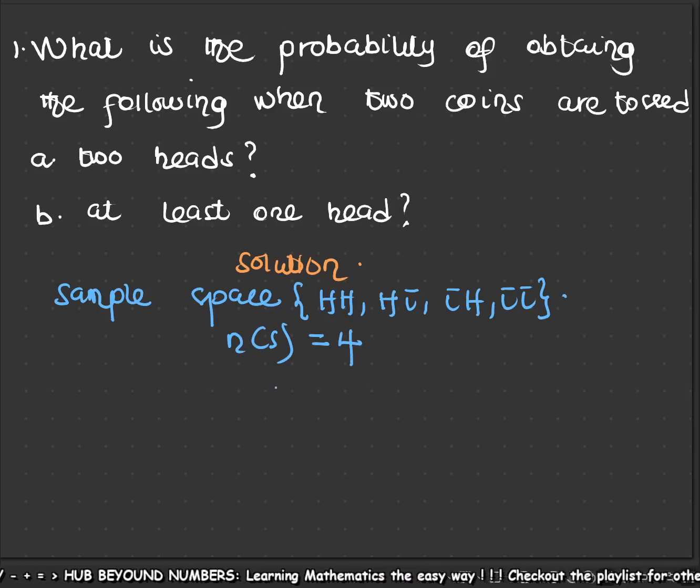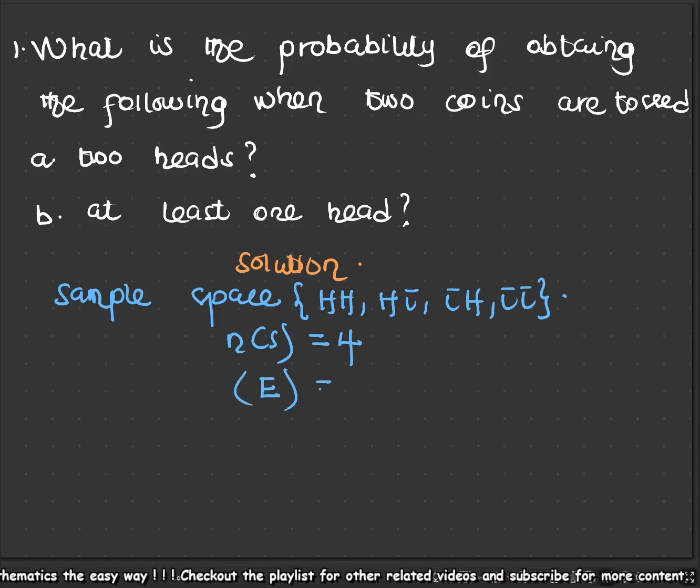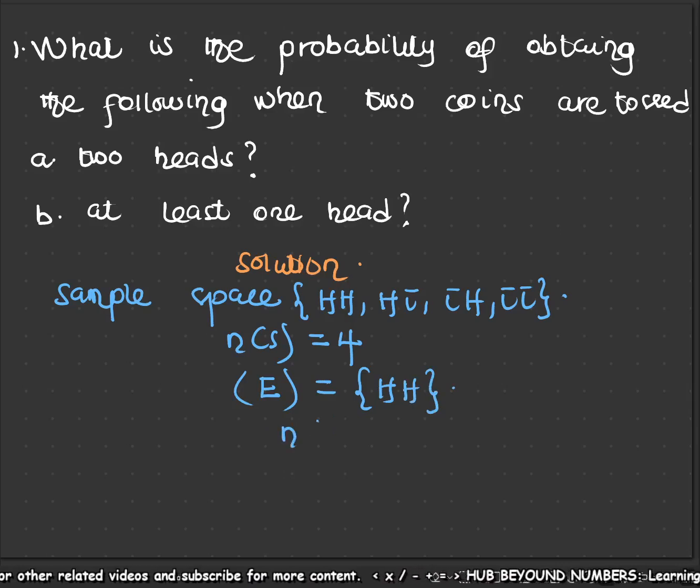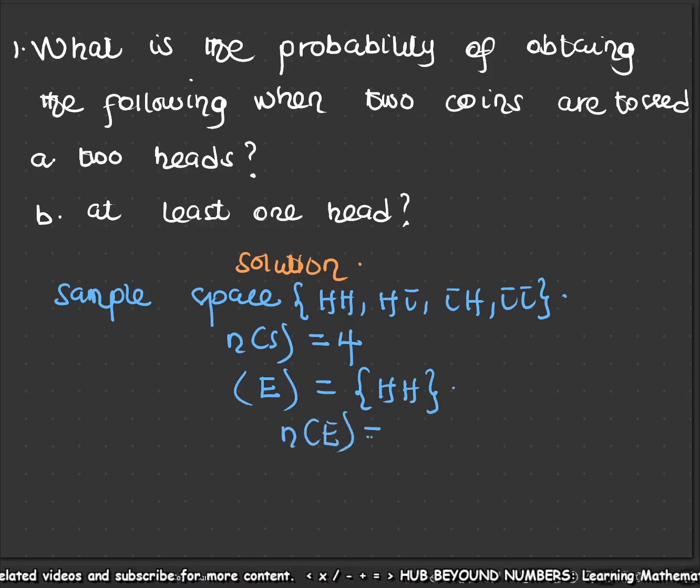So we have 4 over here. Now it says, what is the probability of obtaining 2 heads? That is our event. So the event we are talking about is 2 heads, a head and then a head, right? So H H. Now what is its cardinality? That is just 1. You see?